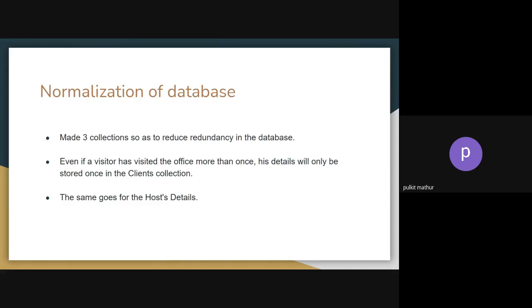This would increase the data storage, and it would not be good for the space complexity of our database. So dividing the table into three collections reduced the redundancy because we have linked the client and host tables to a single visit table. So if the client and host visit again and again, their details will be stored only once.